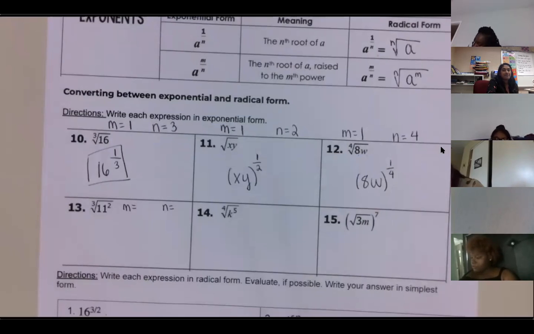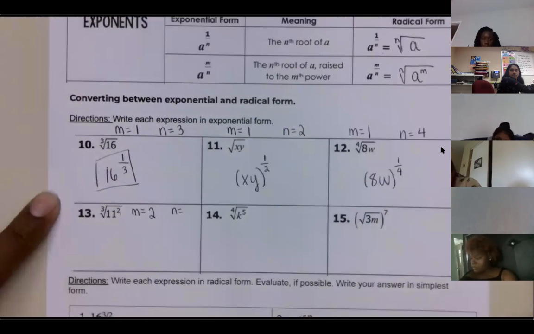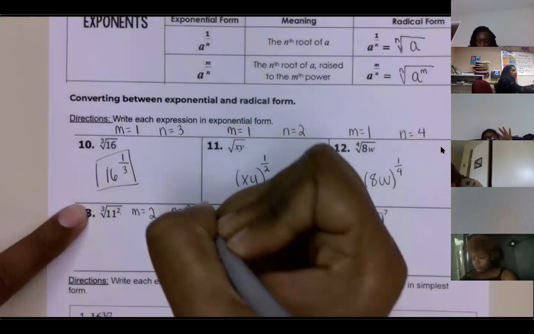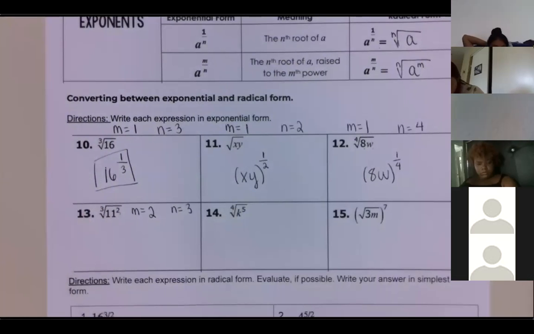Other way. 2, because m is the exponent. So what would n be, Liana? The n will be 3. N is the index. So what would my final expression be? What do you have for me, Ethan?